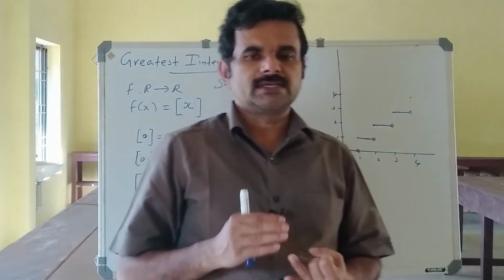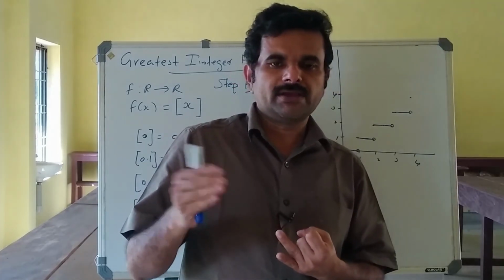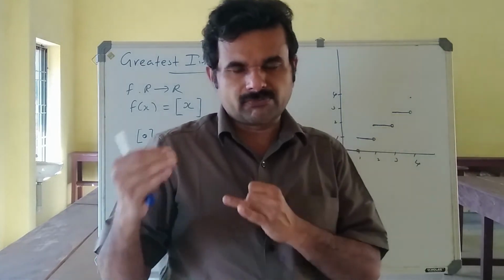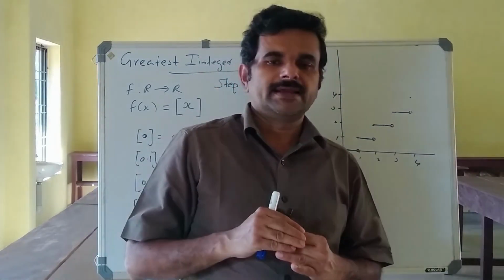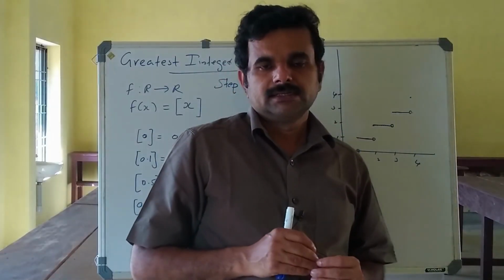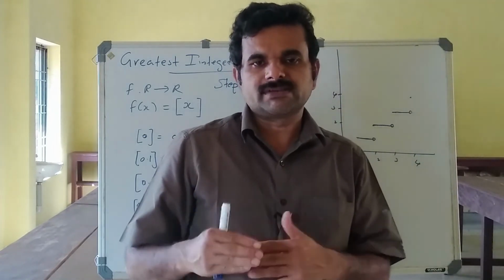If c is equal to 5, the graph will pass through the point 5 on the y-axis, and this line must be parallel to the x-axis. The position or nature of the graph depends upon the constant which we selected.